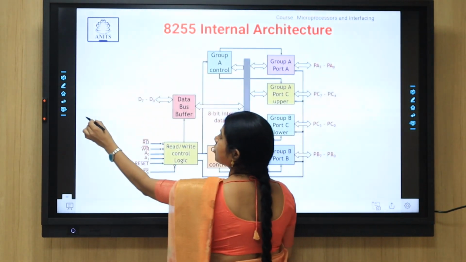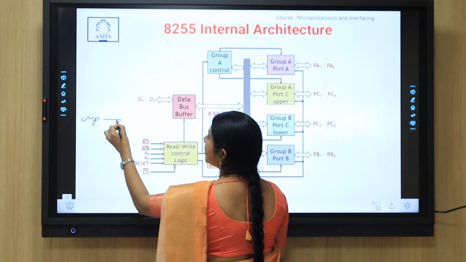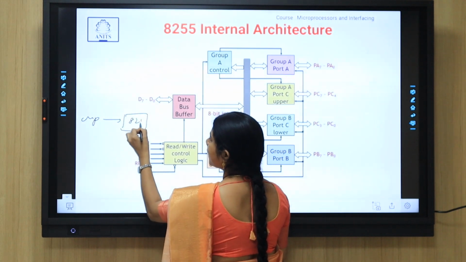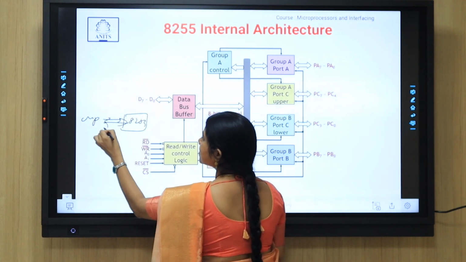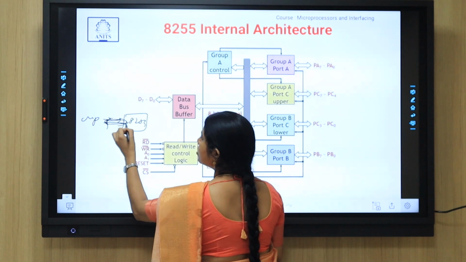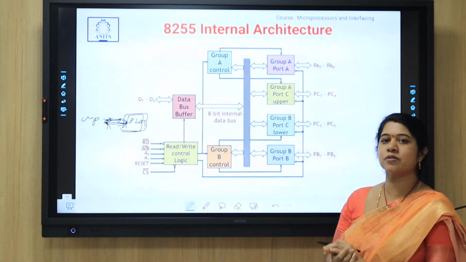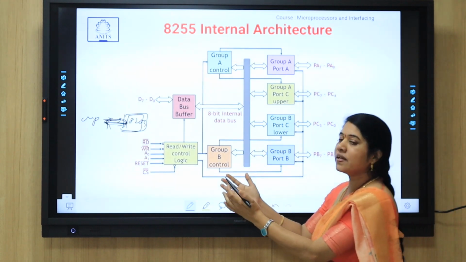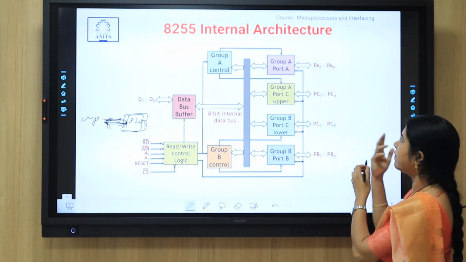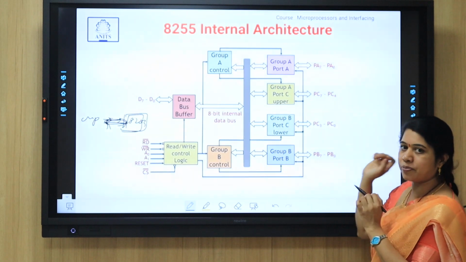Whenever the microprocessor wants to interface with this 8255, it sends data over these D0 to D7 lines to this 8255. This data bus buffer is also responsible for transferring the data to the output device through any one of these selected ports.